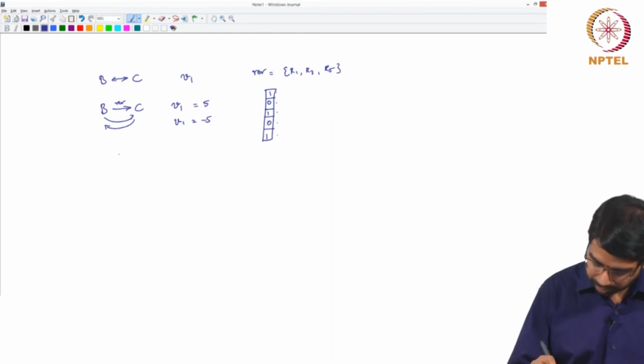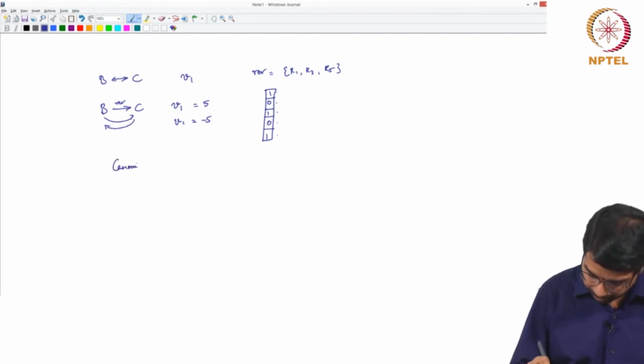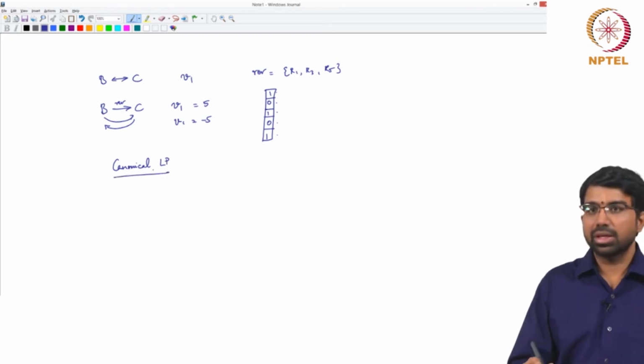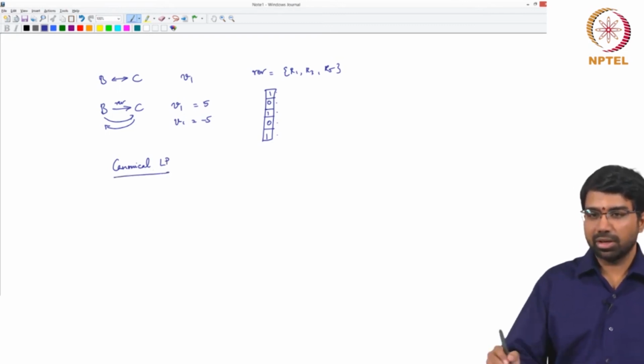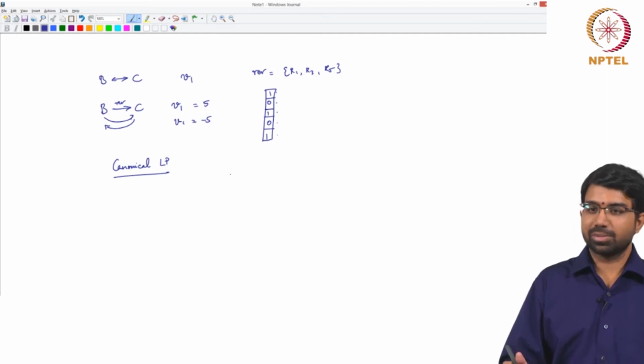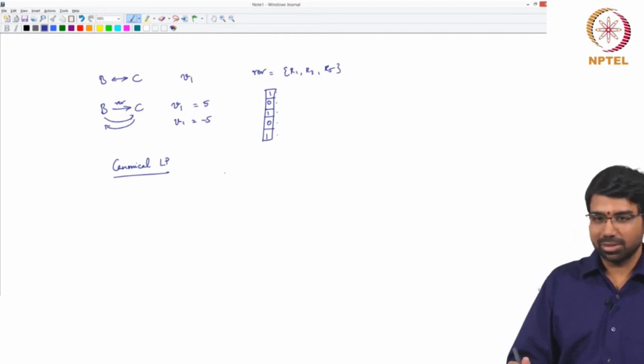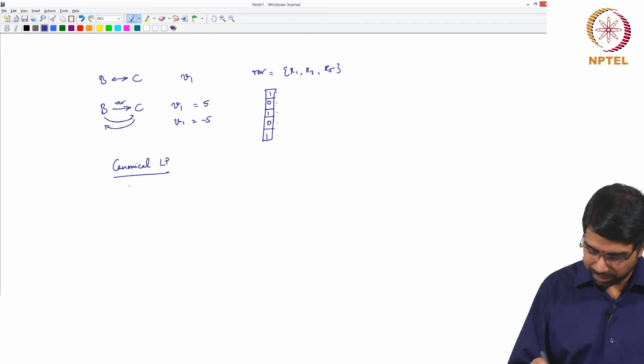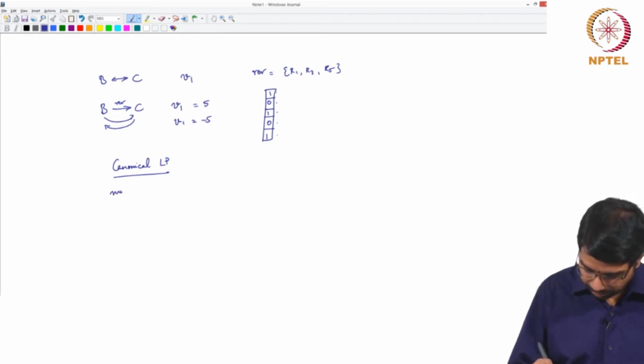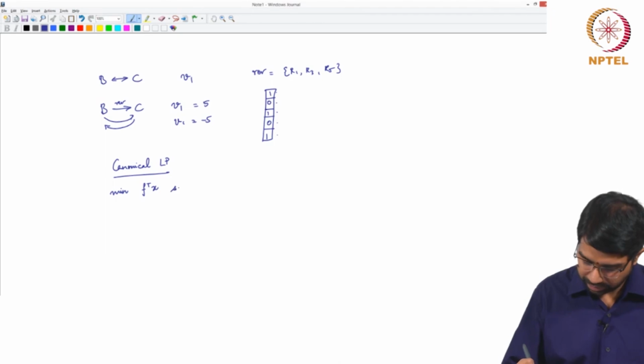So, what is the canonical LP? You know, a canonical quadratic equation is ax square plus bx plus c equals 0, right. So, the canonical LP is minimize F transpose x such that Ax less than or equal to b.